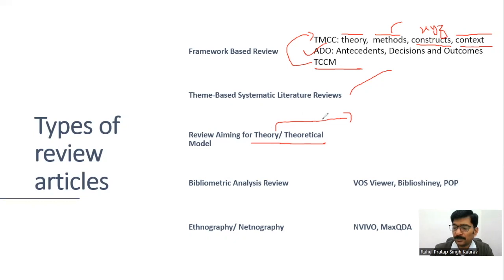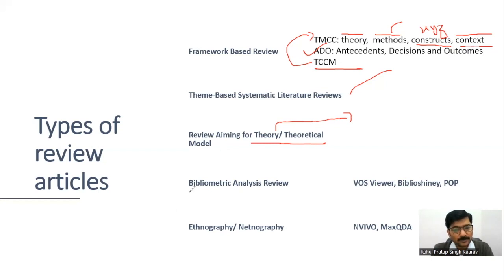A few days before, I also saw a structured paper on structural equation modeling. Somebody has reviewed how many researchers have used structural equation modeling in the marketing area. Different types of theoretical models could have been implemented.